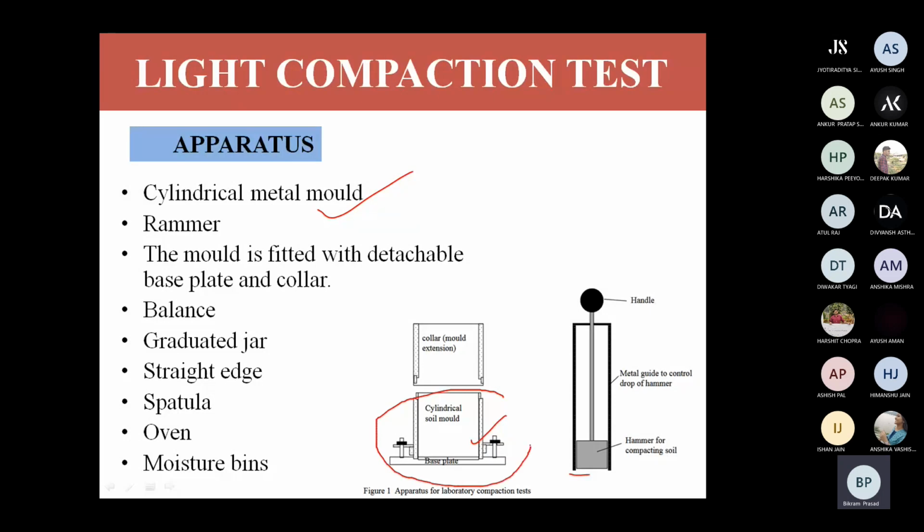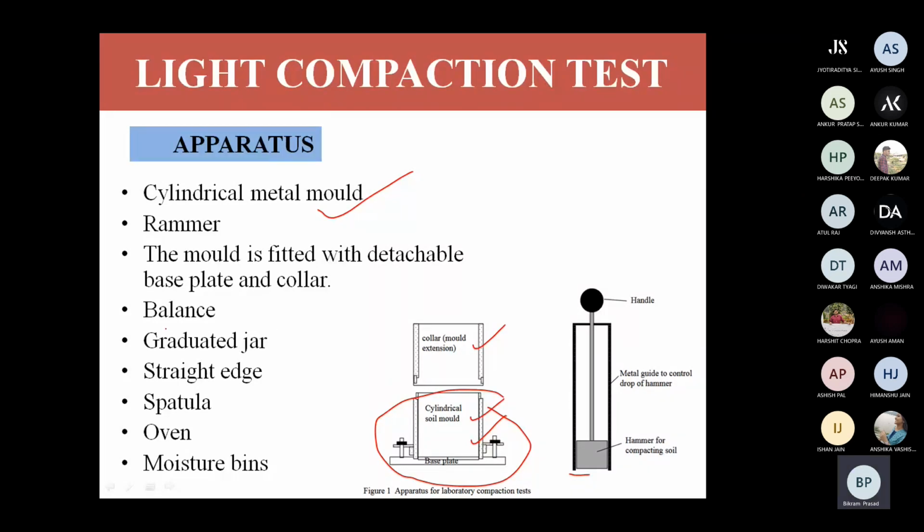This is the mold, and this is the collar attached so that we can compact it properly, so that there is no wastage. The soil particles are compacted properly and the soil does not go outside. The collar is placed for the extension of the mold, but finally it will be removed. Mainly the mold is this much.